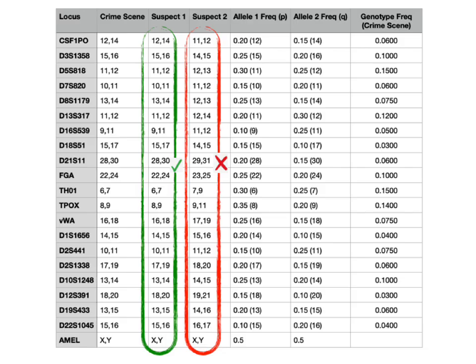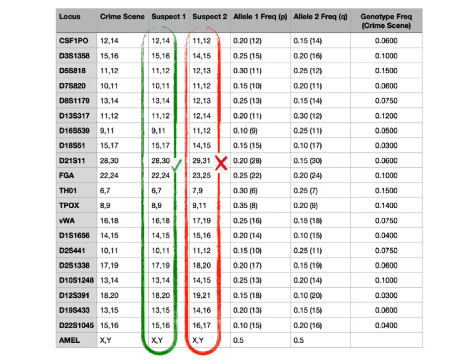In the fictional case shown in Table 1, Suspect A is excluded as the source of the crime scene sample. Suspect B, on the other hand, matches the crime scene sample at all 13 STRs.